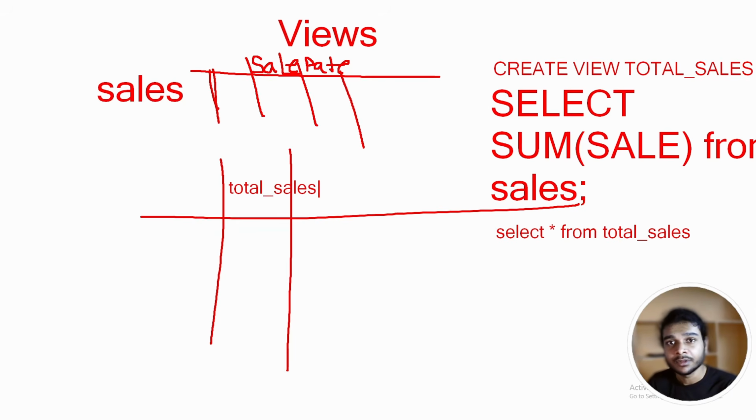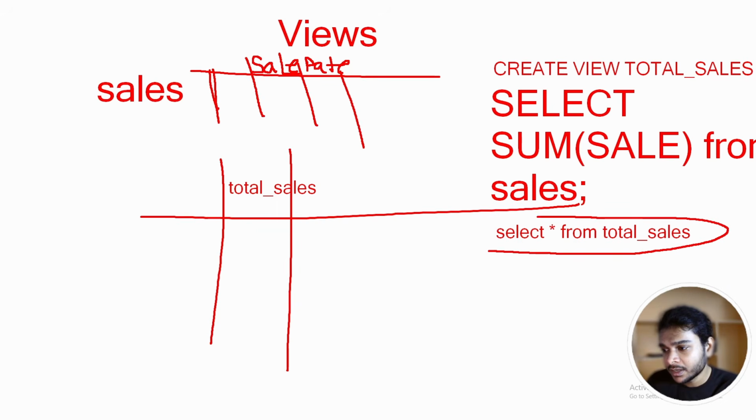It works like a table, but behind the scenes, the data is not saved in the view. Every time you run select all from total sales, which is our view, you don't get the data from the view itself.